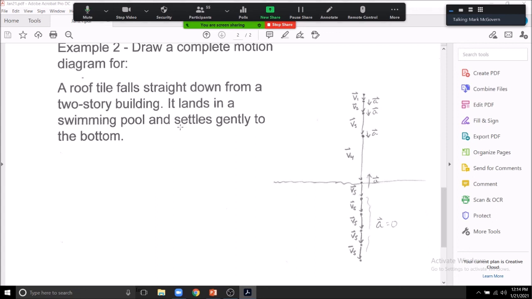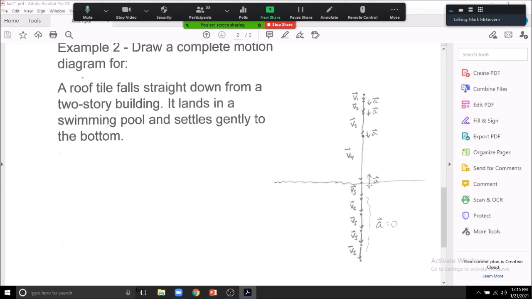Well, generally speaking, if an object hits the water, it will at least temporarily experience a pretty significant acceleration that slows it down. So the very next vector I drew that shows it in the water is showing that the velocity is a bit shorter now, because I'm assuming that the water did slow us down a bit.